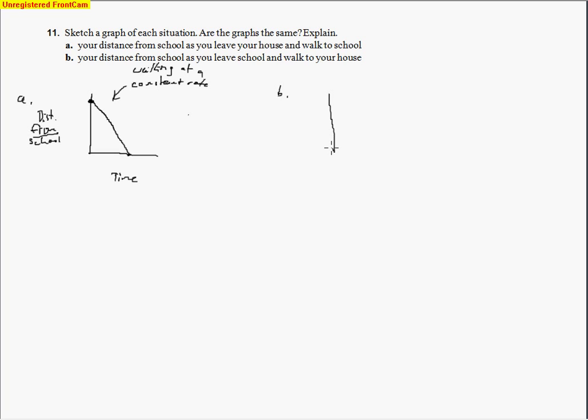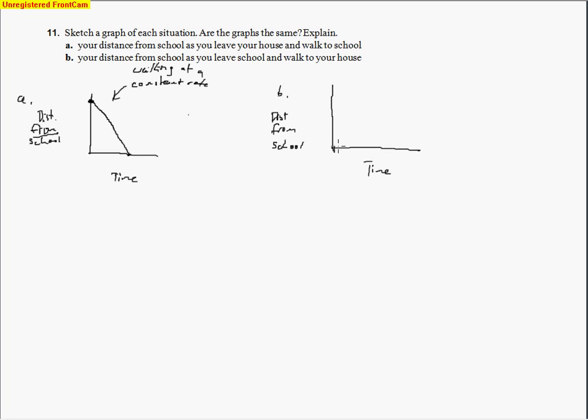But then part B says, well, your distance from school as you leave school and walk to your house. Okay, so we have time, and again we have distance from school, and try to fix that y-axis a little bit, make it a little bit straighter. That looks a little better.